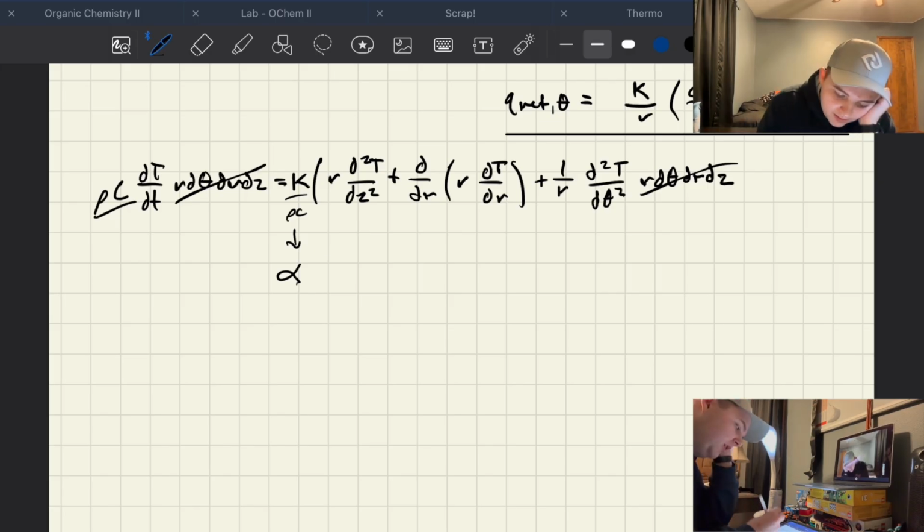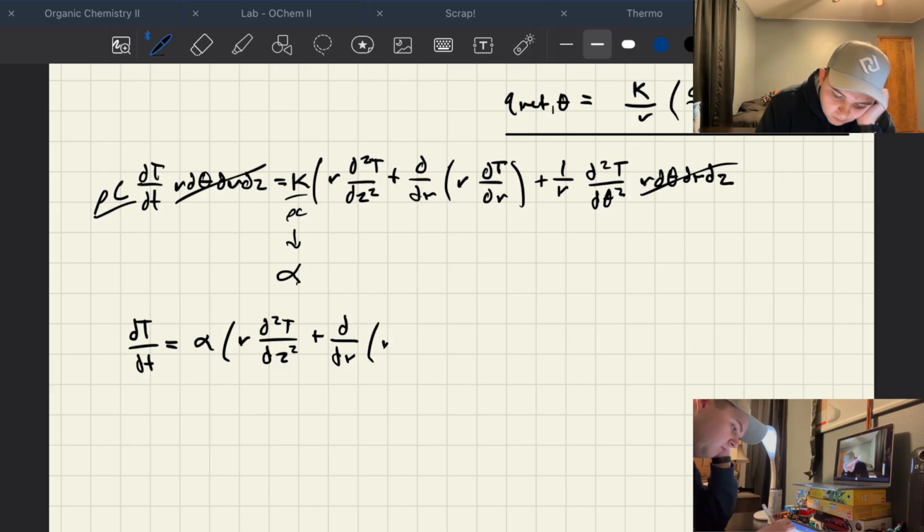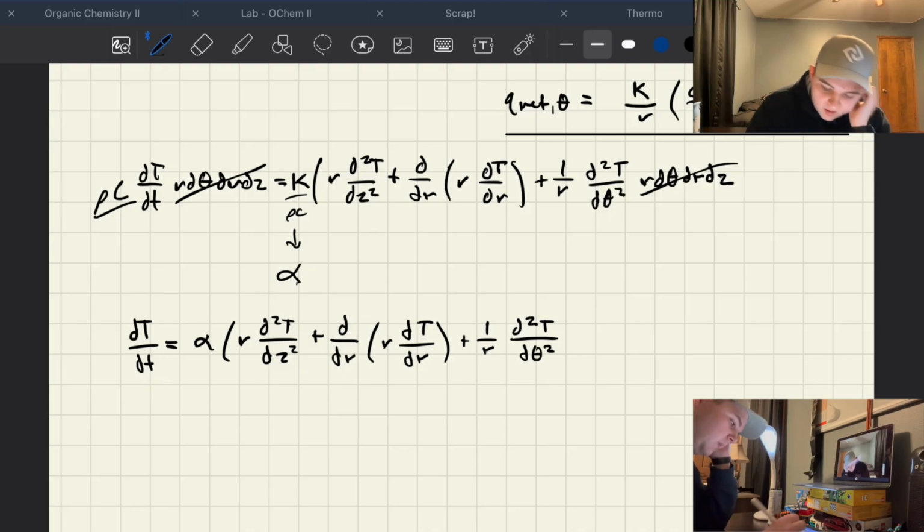So let me just rewrite this quick so we can see this easier. Alpha. Try to write it a little cleaner too so it's easier to read. Okay.